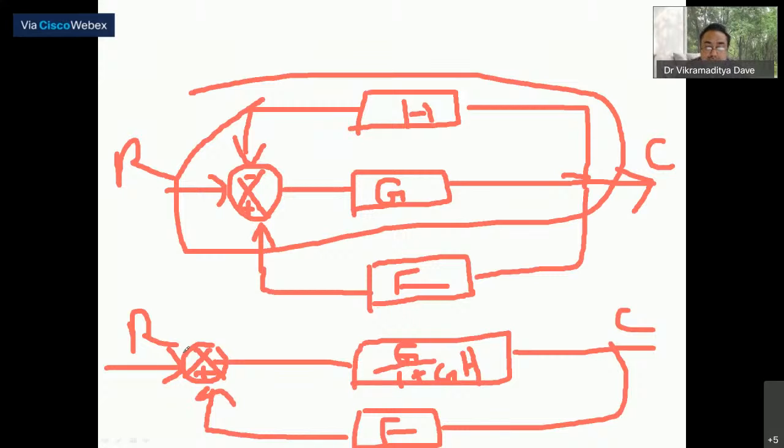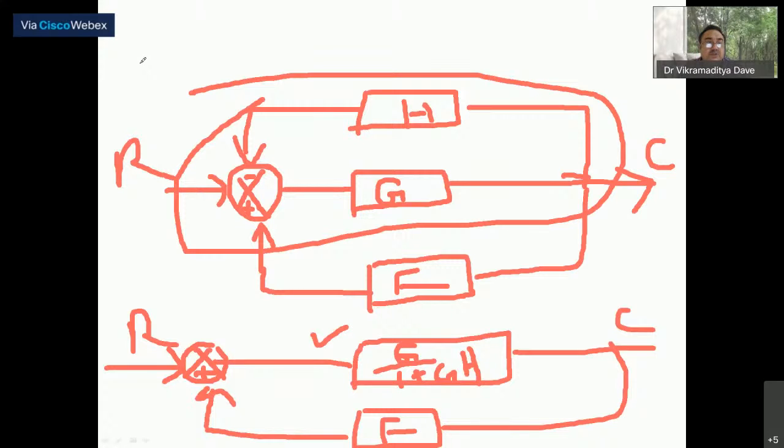Now this is again a feedback, but of which type? Positive feedback. Now G has become G upon 1 plus GH. So you calculate again the formula G(s) upon 1 plus G(s)H(s), where H here is F, mind it.